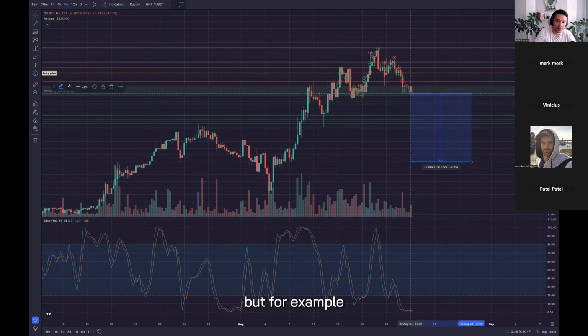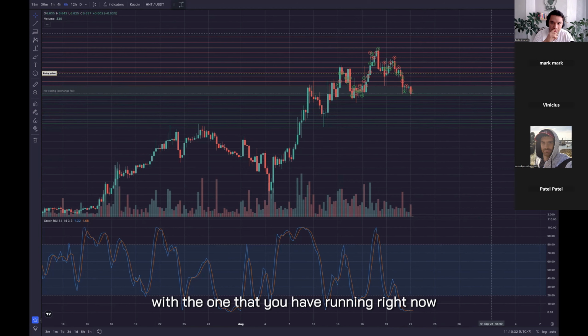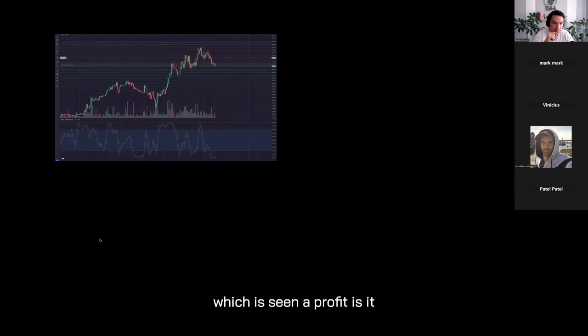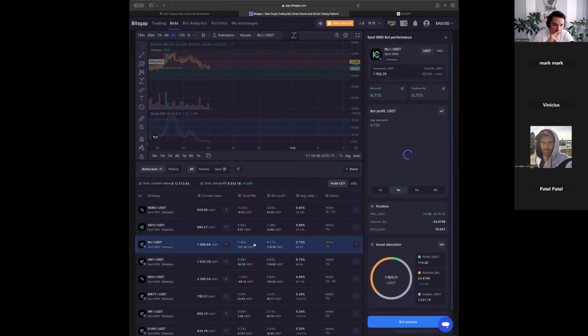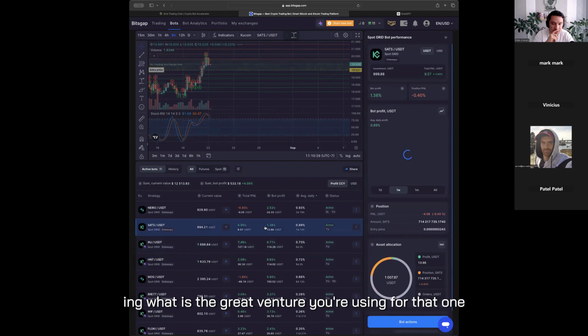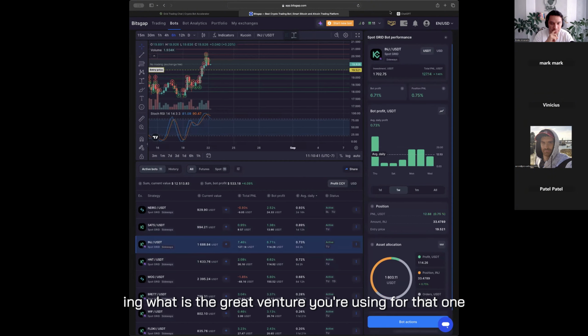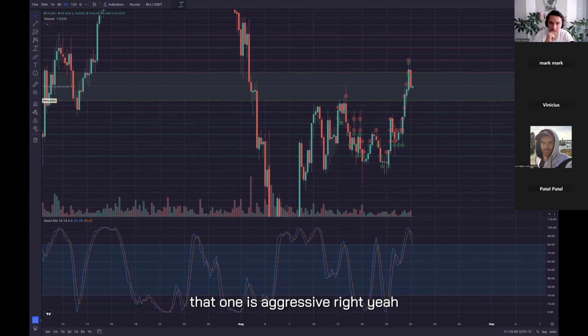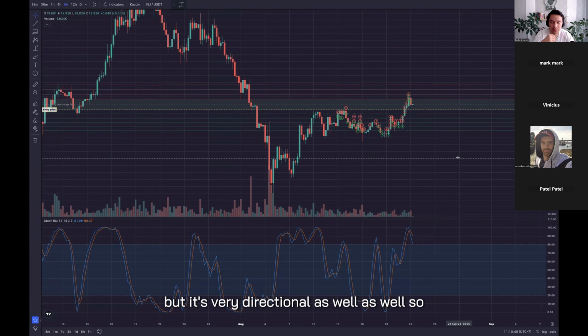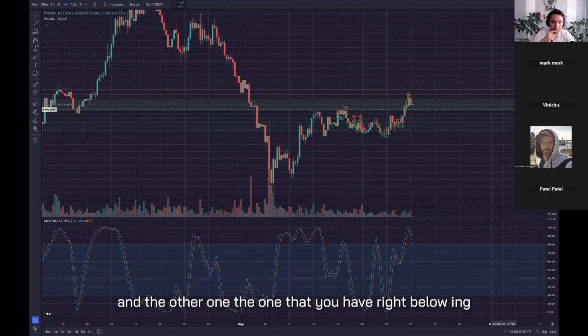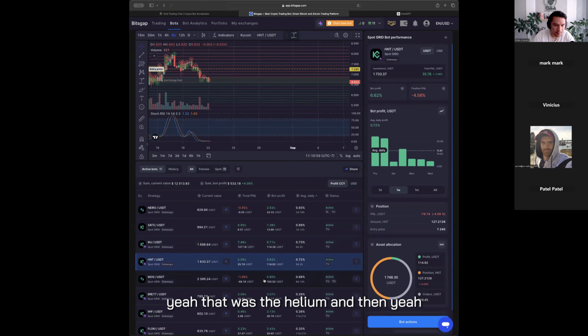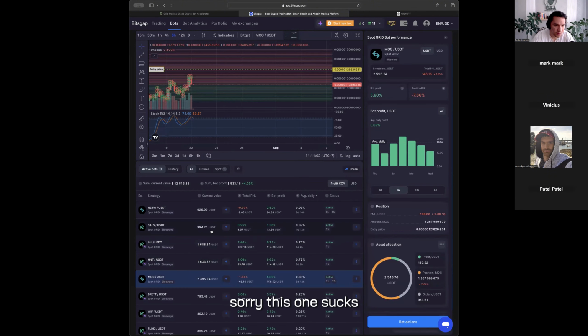For example, with the one you have running right now, which is in profit, what is the grid range you're using for that one? Aggressive, right? Yeah, it's very directional as well. And the other one, the one right below, the Helium, and this one, SATs.